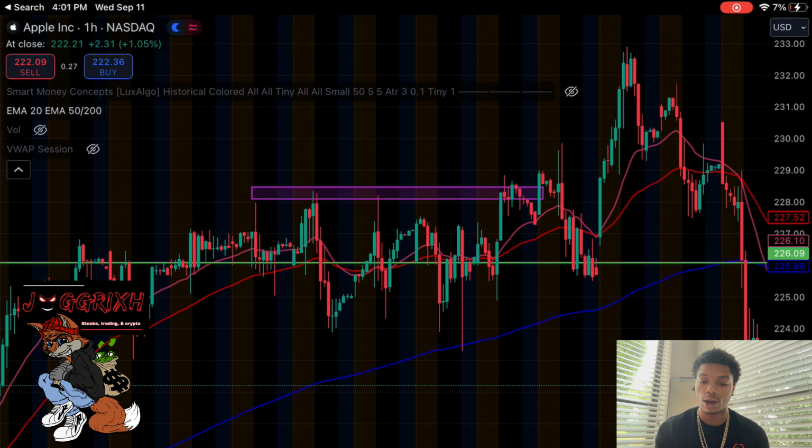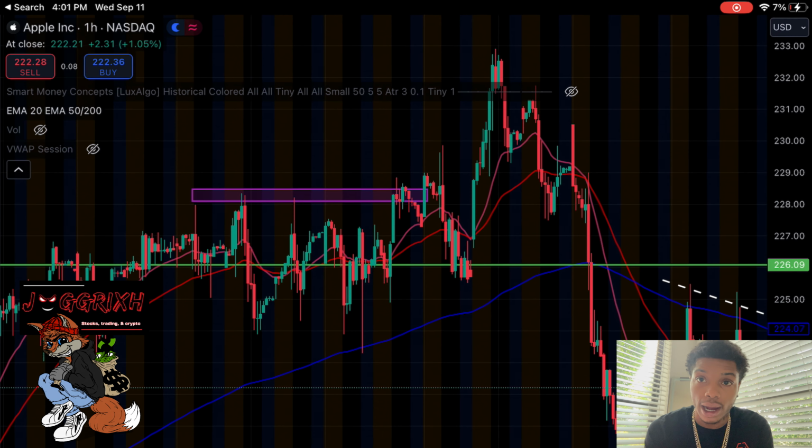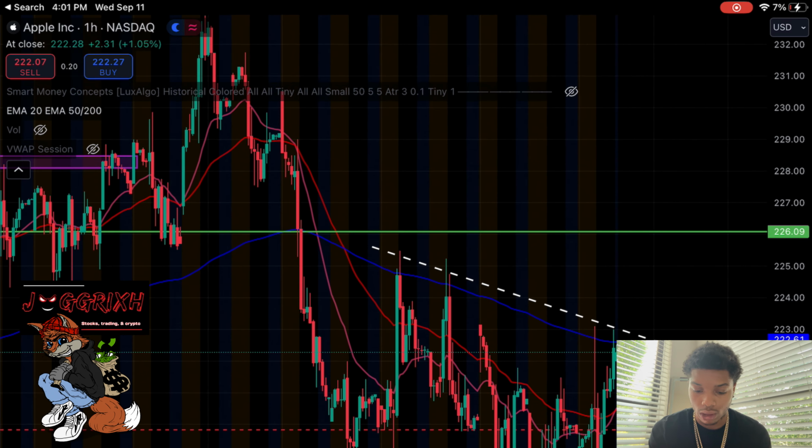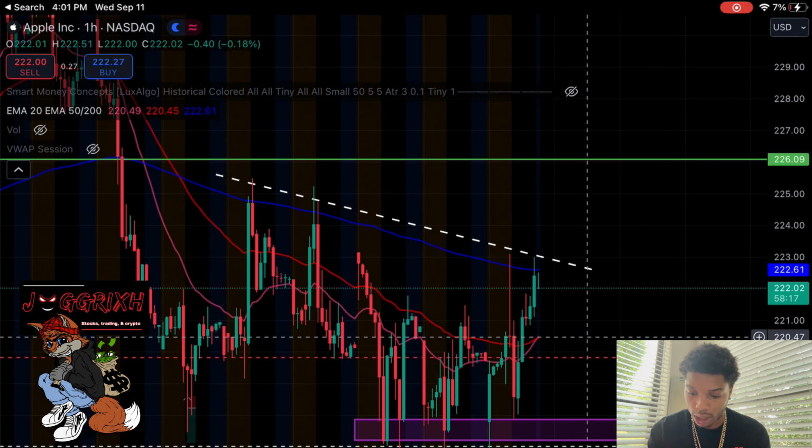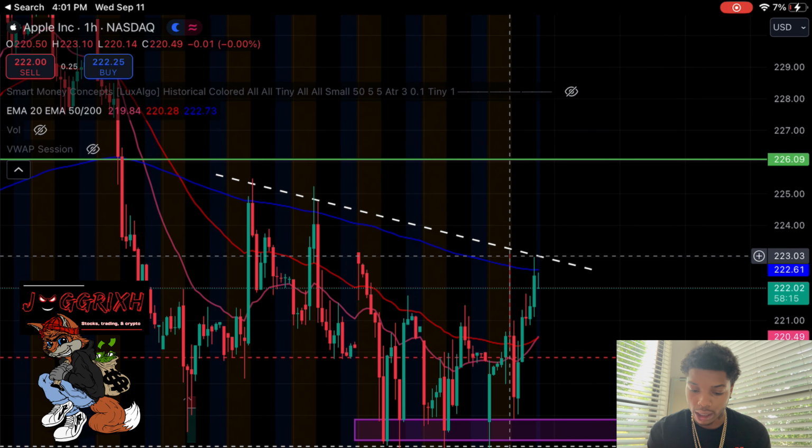So this is how, anytime you want to find supply and demand, there can also be times like right now on Apple, man. If you look, it doesn't have a real horizontal resistance on the 1 hour time frame, but check this out.